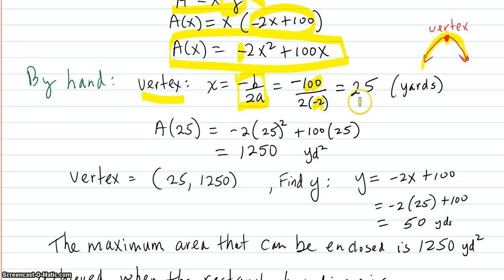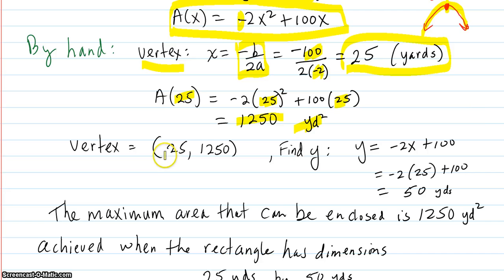You get 100 divided by 4 is 25 yards. And then you find out what the area is there. A of 25, negative 2 times x squared plus 100x, and that you multiply out on a calculator and you get 1250 square yards.